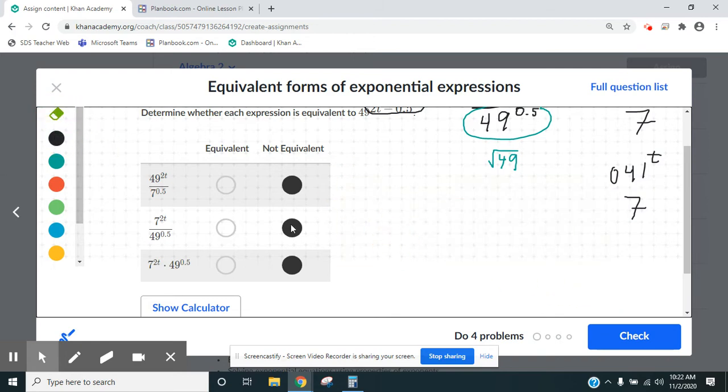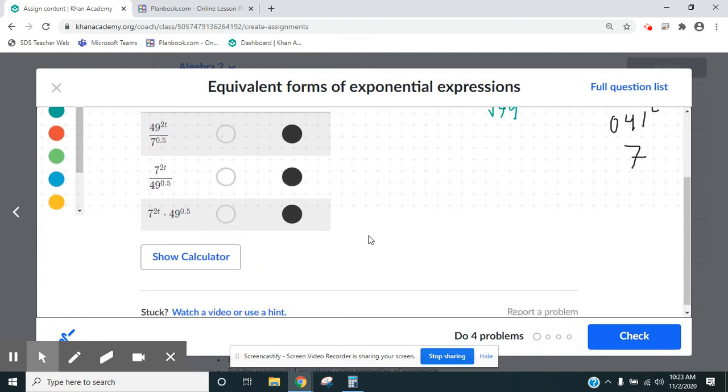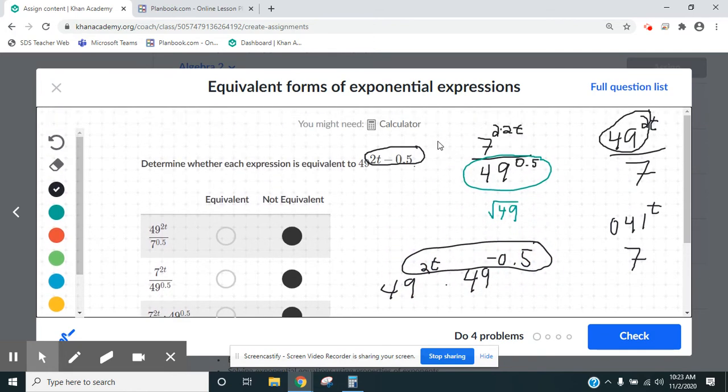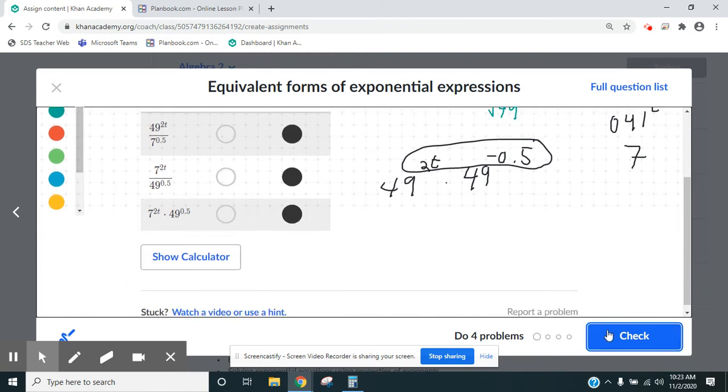What if it said this? The top would also have to be this, right? Sorry. And then times 49 to the negative 0.5. That would work. Yep. If they were both 49, because then we could add the exponents, right? And then we'd get what we had in the beginning. Okay, so none of these are equivalent.